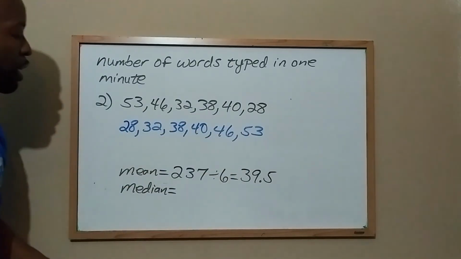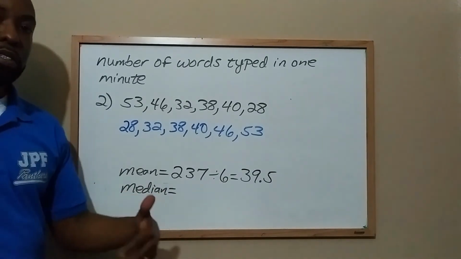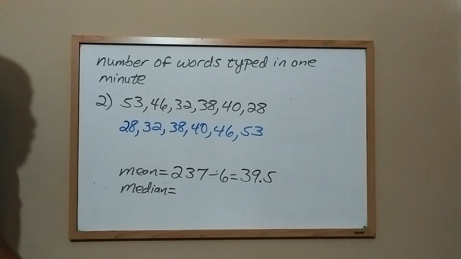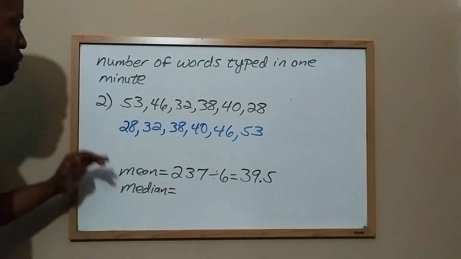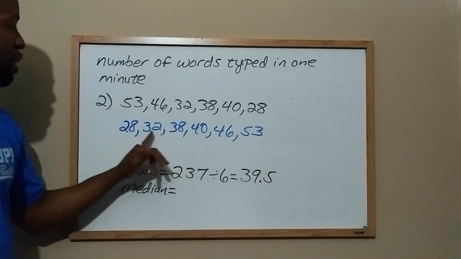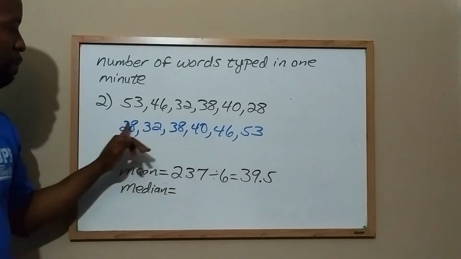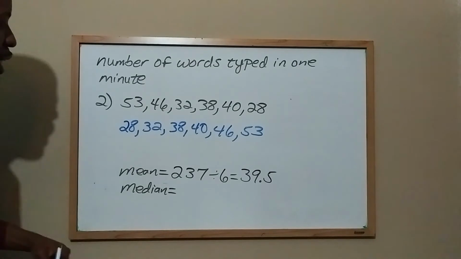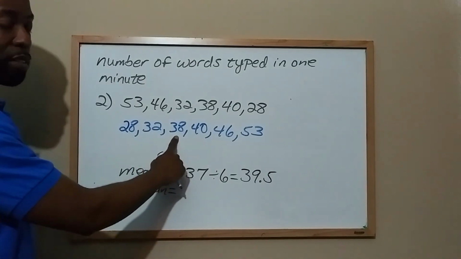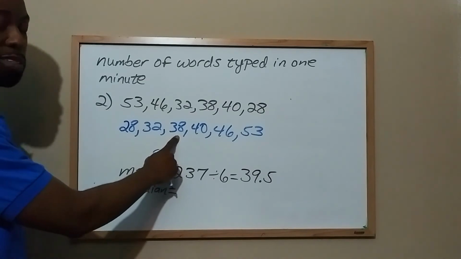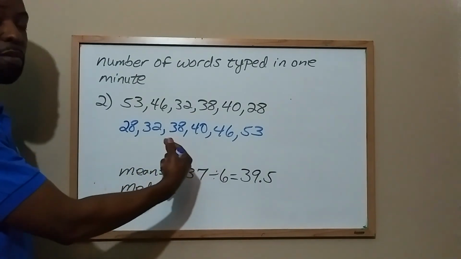So when I put them in order from least to greatest, I should have 6 numbers. 1, 2, 3, 4, 5, 6. All right. So keep in mind the median is the middle number after you put them in order from least to greatest. If I look at it, there's really not one number that I could pick out that would be the middle. I can't say it's 38, because if I want to make sure that this is the middle number, I should have the same amount of numbers to the left and to the right of 38.